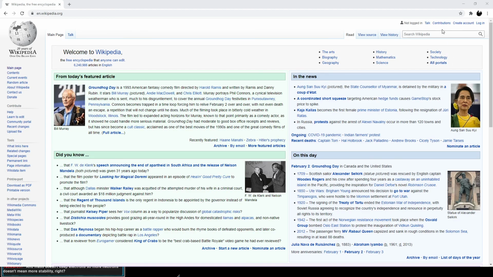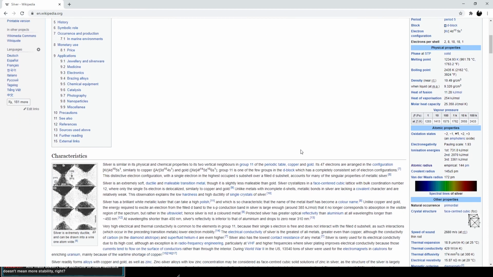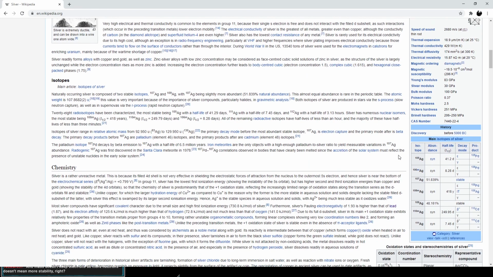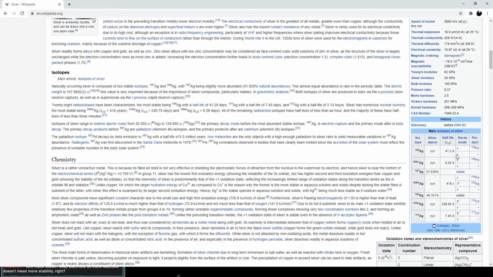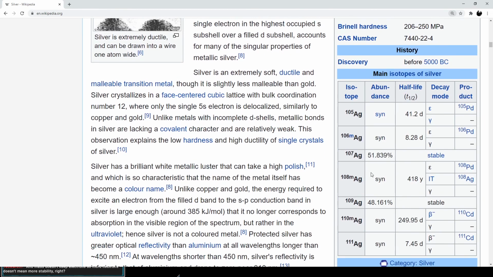Okay. Let's take, how about silver? Here is an element. Aha. Here are some isotopes of silver down here. We're going to see these are the mass numbers, kind of written up here. Here, let me zoom this in, just so we can see it all.